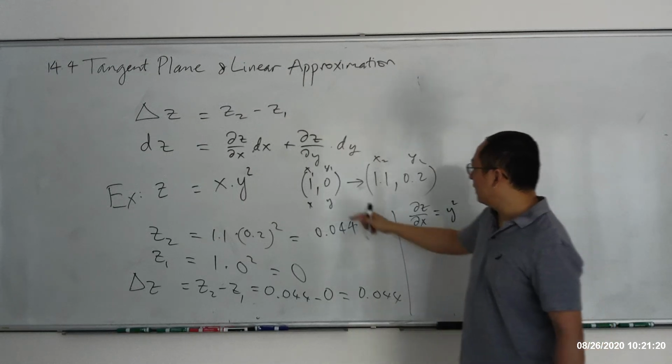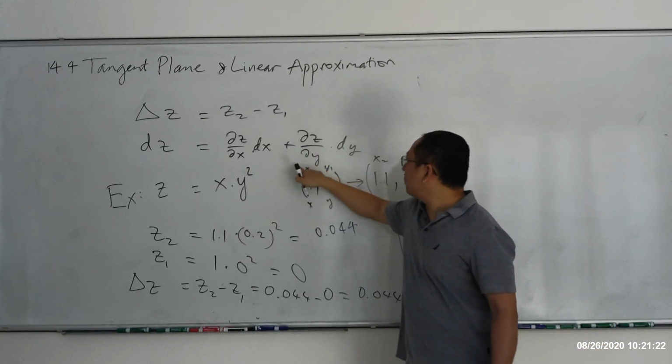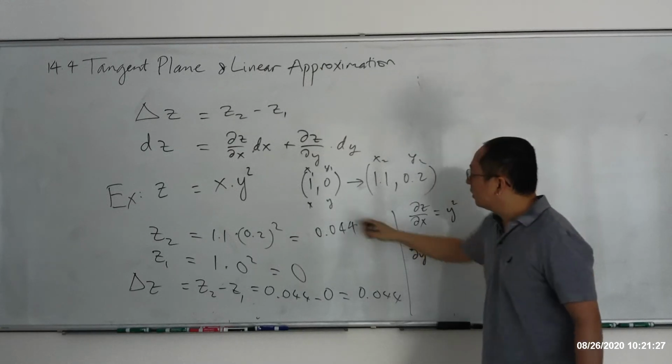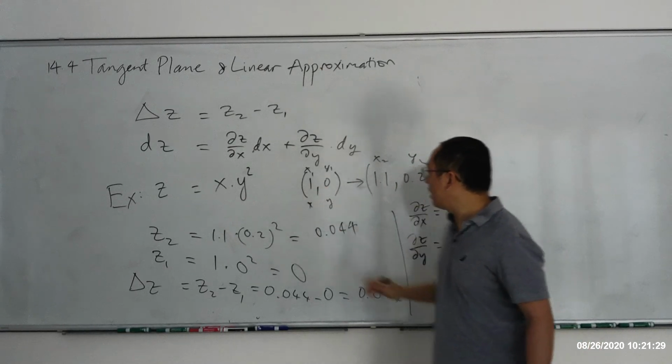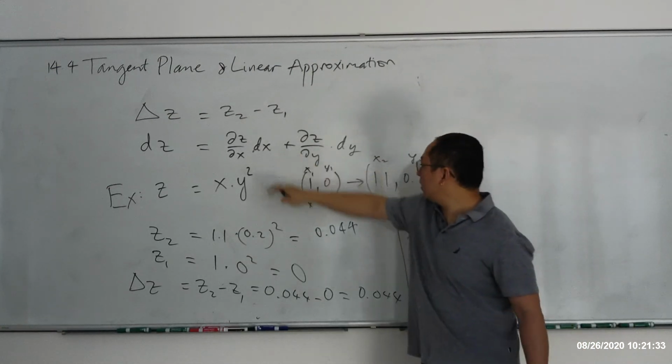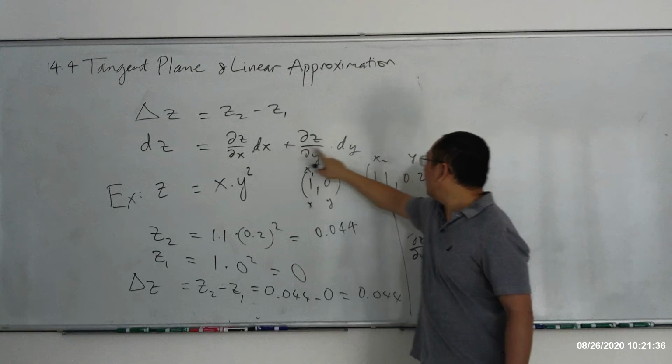Similarly, dz over dy, or fy, differentiating with respect to y, I have 2xy. Now plug in the formula. How do we calculate dx and dy?